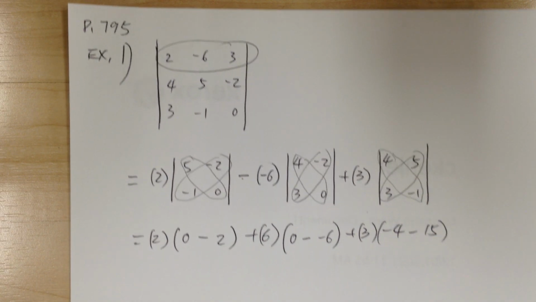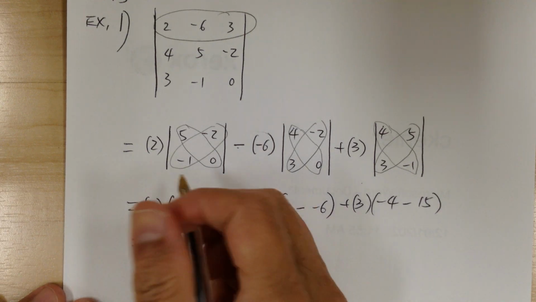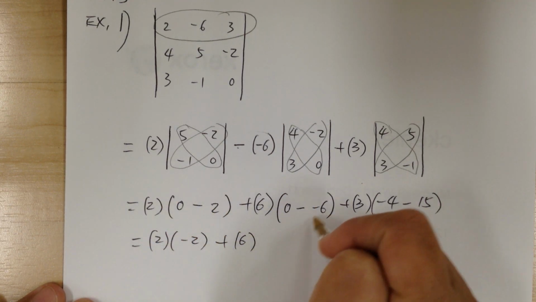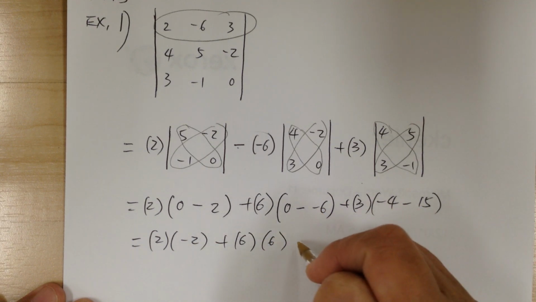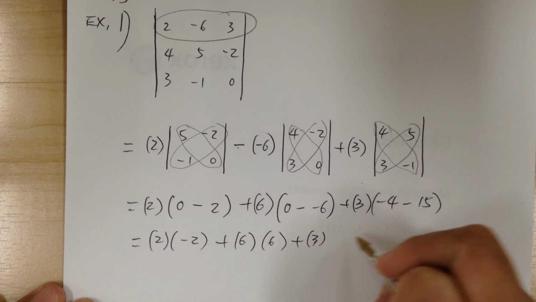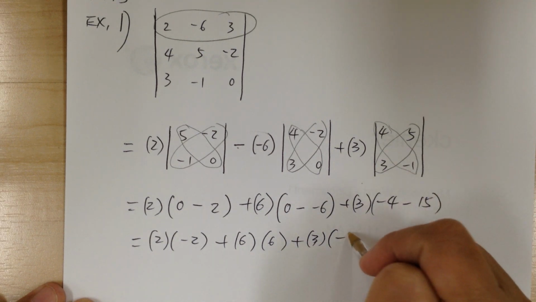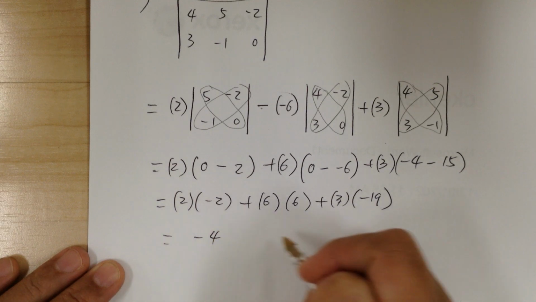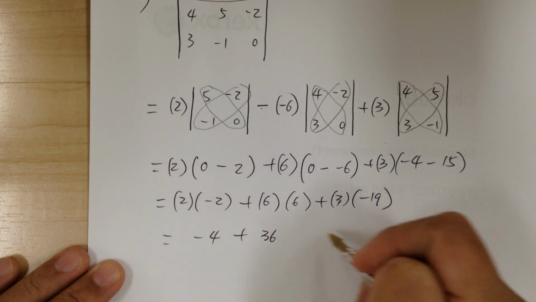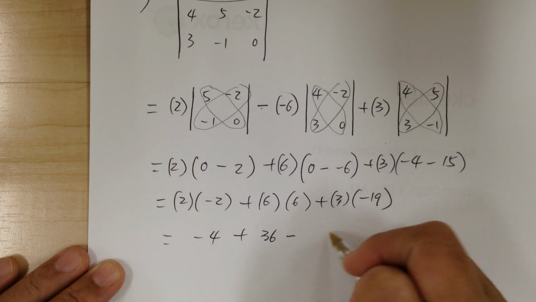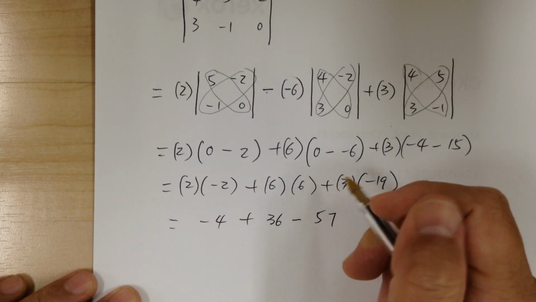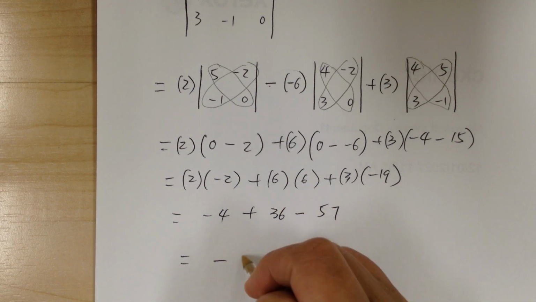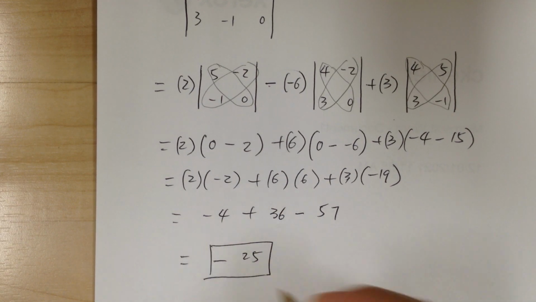Okay? Okay, so now let's work out the inside. So this becomes 2 times -2 plus 6 times, this becomes +6 plus 3 times, this becomes -19. Okay? So this becomes -4 plus 36 minus 57, and this will equal to -25. Okay?